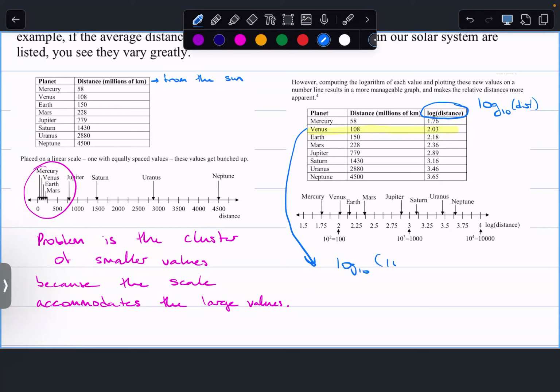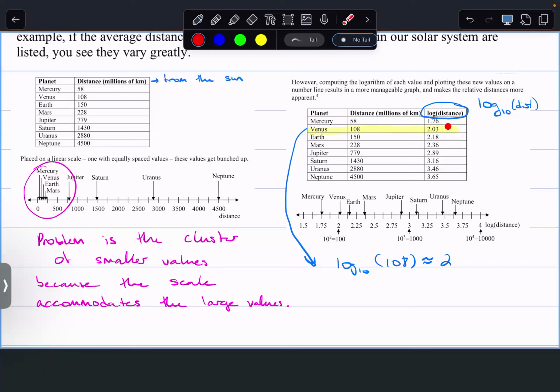Log base 10 of 108, really what we're looking for is, again, roughly 10 to the power of what makes 108? Just kind of rough ideas, right? 10 to the power of 2, we know makes 100. And so roughly, if we had to trust our gut here, roughly 2. In fact, it's 2.03.